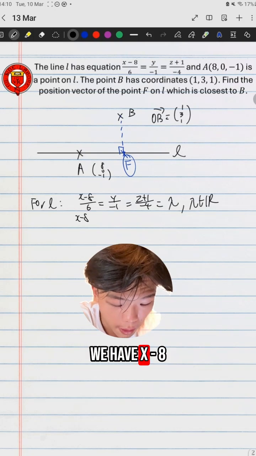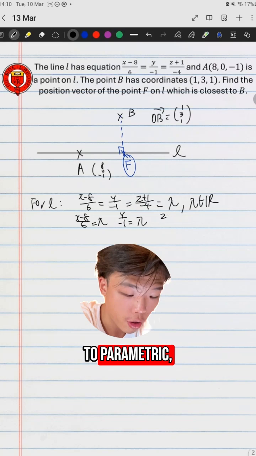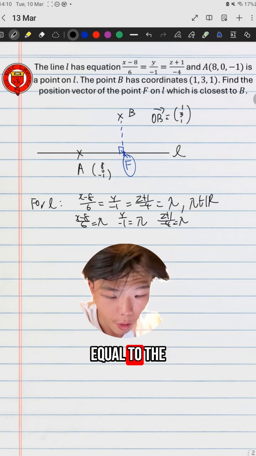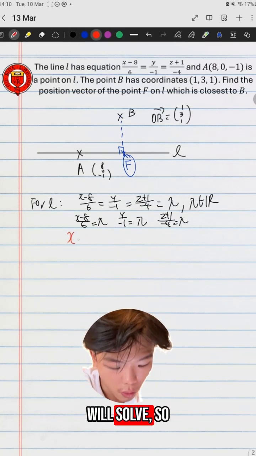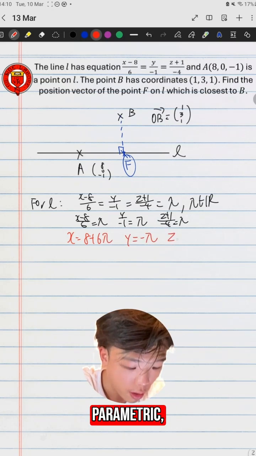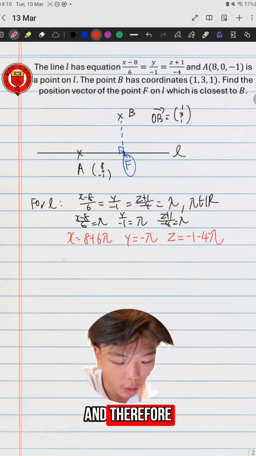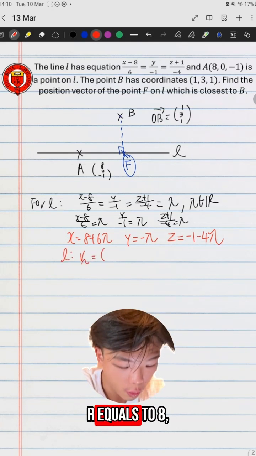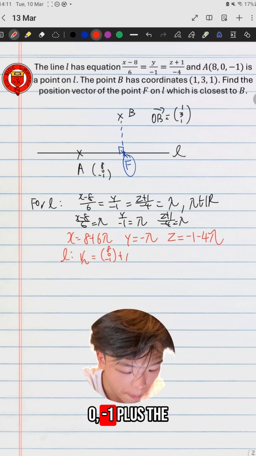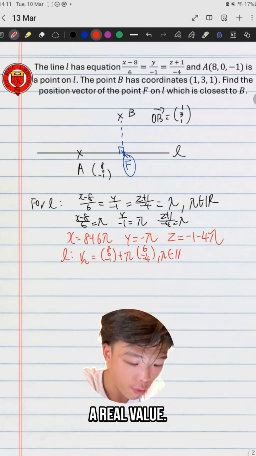And then here we have (x - 8)/6 = parametric, y/-1 = parametric, (z + 1)/-4 = the parametric. And then from here, I will solve. So x = 8 + 6 of the parametric, y = negative of the parametric, z = -1 - 4 of the parametric. And therefore, the line L can be written as r = (8, 0, -1) + the parametric of (6, -1, -4), where the parametric is a real value.